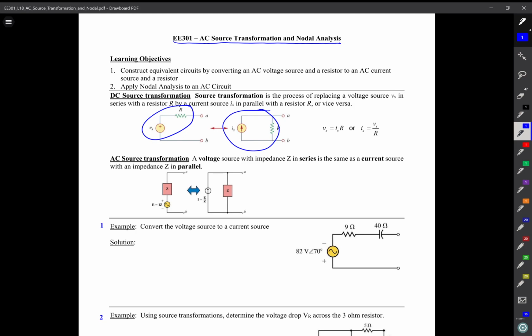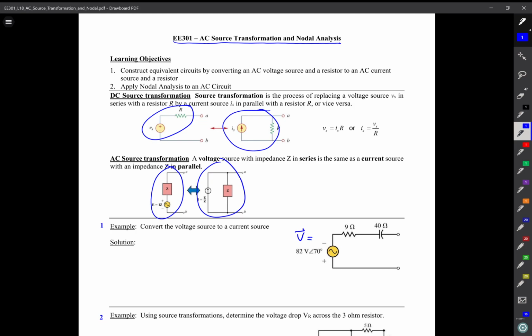For example, suppose I have in the phasor domain a voltage source with an impedance in series. Then in the same way as a DC circuit, I can transform that into a current source with an impedance in parallel. So for example, suppose I have a voltage source V is equal to 82 volts with an angle of 70 degrees.